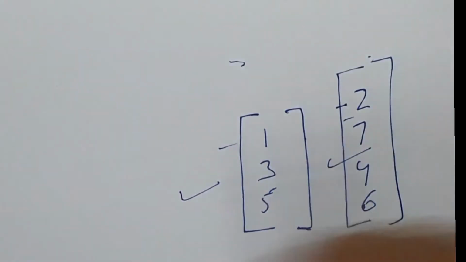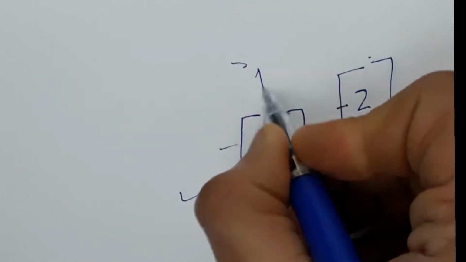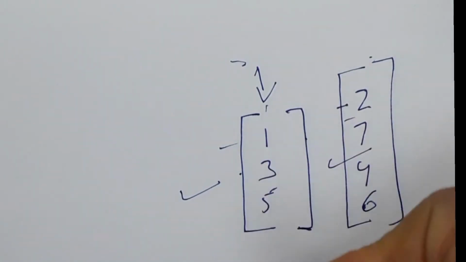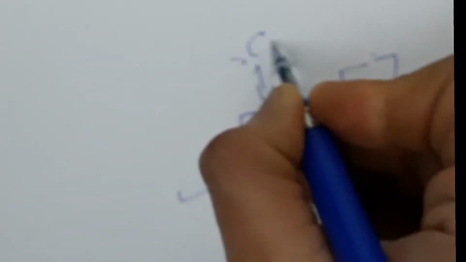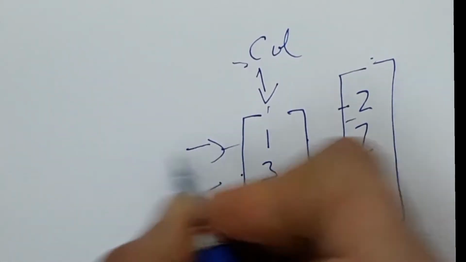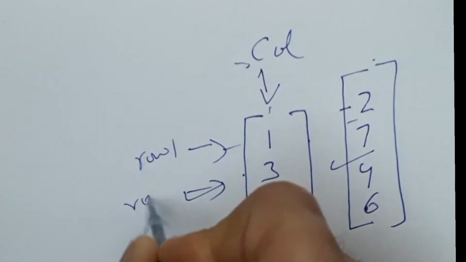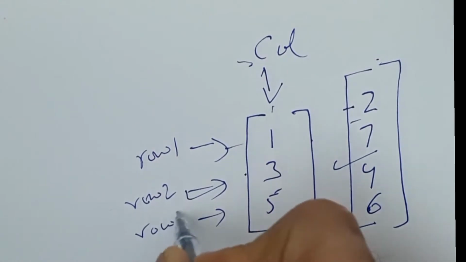Vectors have rows and columns. For example, in this vector we have one column, which is this vertical line, and a vertical line is a column. And we have three rows here: row 1, row 2, and row 3.